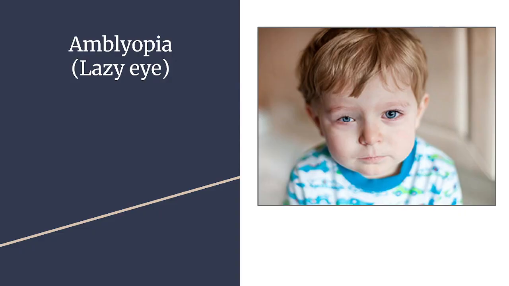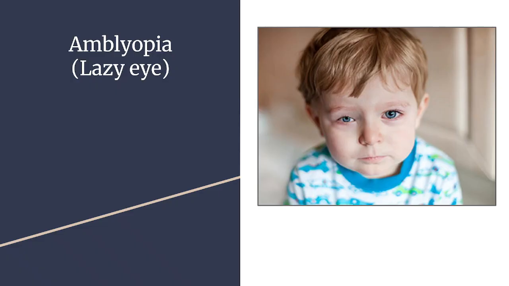Amblyopia, which is also known as lazy eye, is a disorder of the visual system that is characterized by poor or indistinct vision in an eye that is otherwise physically normal or out of proportion to associated structural abnormalities.